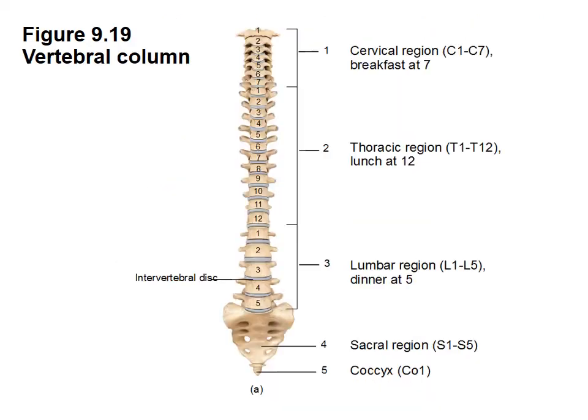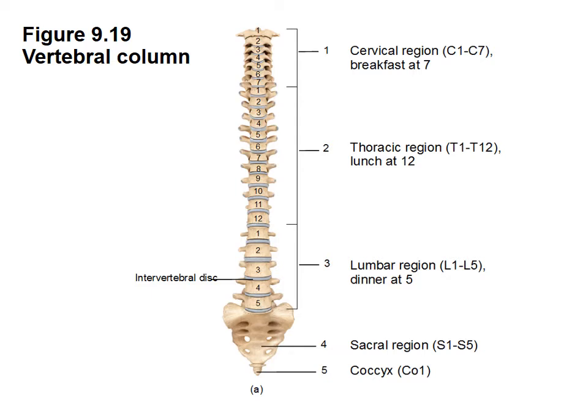Next slide. So your vertebral column, you have your cervical region, your thoracic region, your lumbar region, and your sacral region, and your coccyx. Here's your intervertebral discs, which is between each of these vertebrae, and it has 2 parts to it, the annulus fibrosus and the nucleus pulposus.